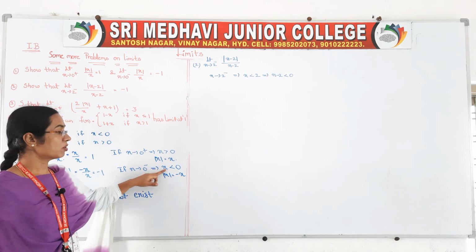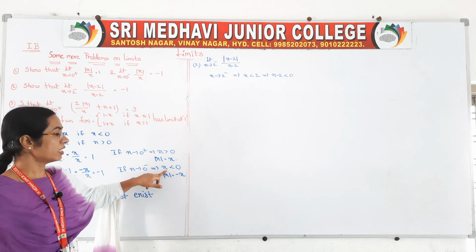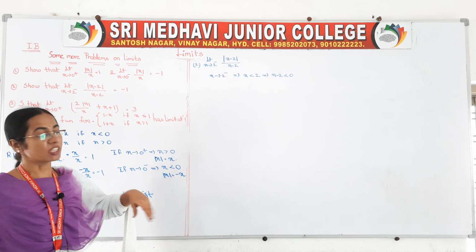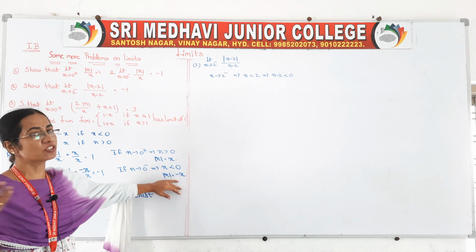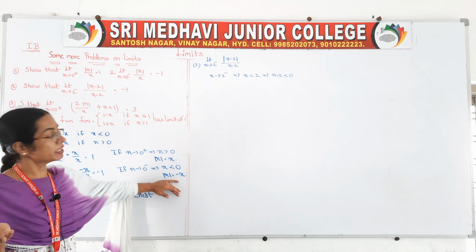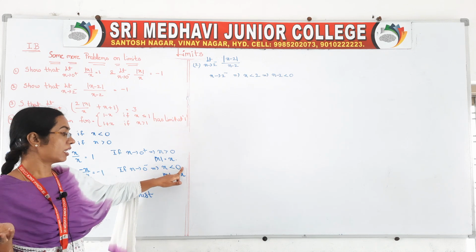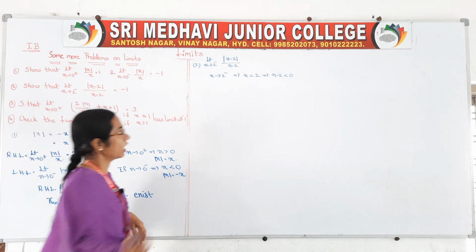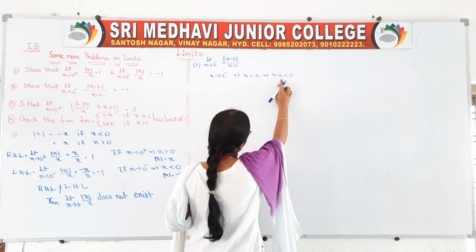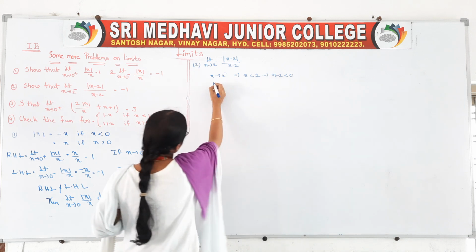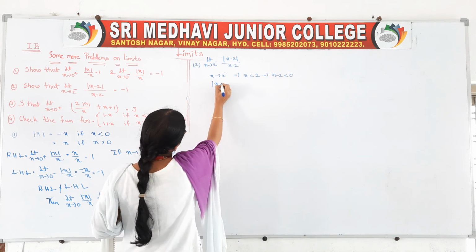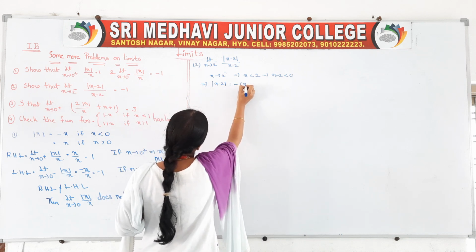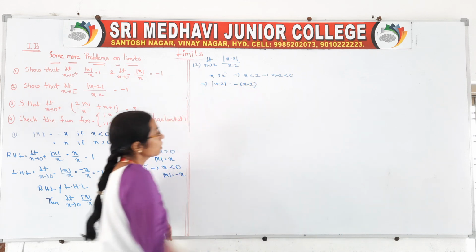If any value is less than 0, the modulus of that value is minus of that value. It is just like a formula; instead of x, we can have anything. So here, x minus 2 is less than 0, which means the modulus of x minus 2 is minus of x minus 2.